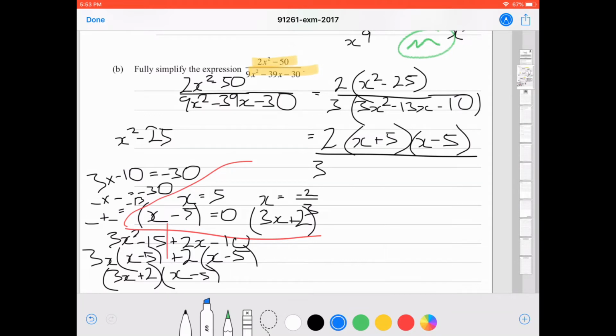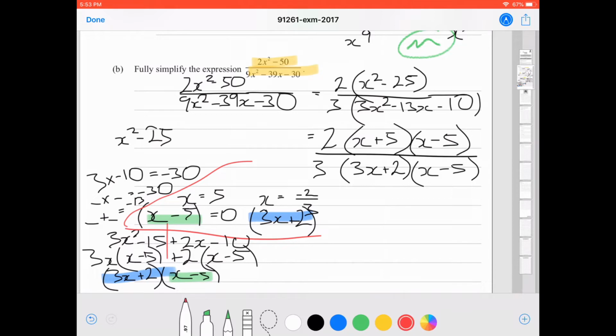and we've got corresponding brackets here, right? 3x plus 2 and x minus 5. So that is what we're going to plug into our fraction: 3x plus 2 and x minus 5.